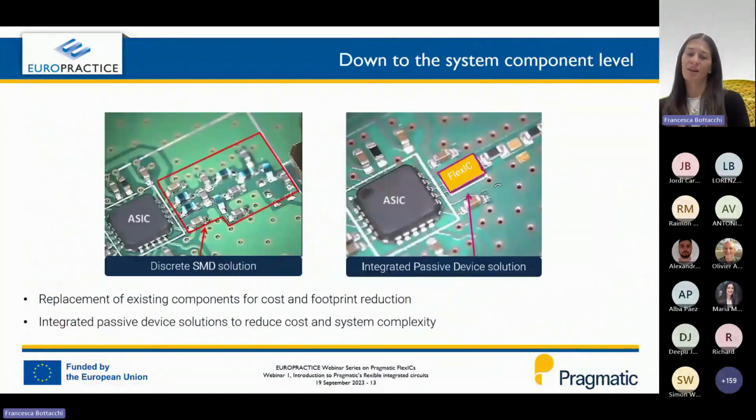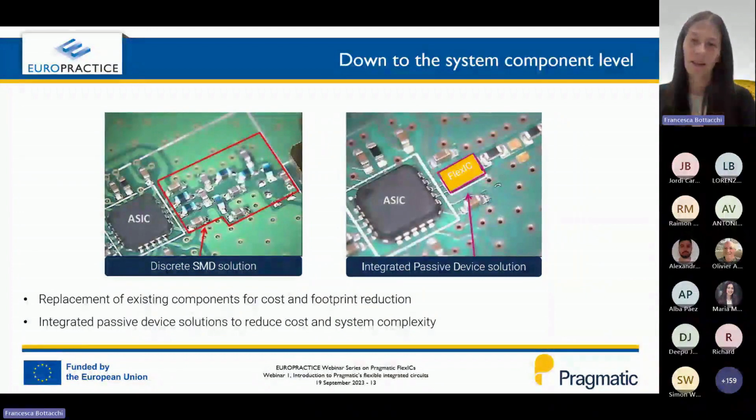But with FlexIC, because it's so low cost and quick, this is a really good fit for our technology, where you can replace all the surface mount devices and design them into an integrated passive device solution, where all your passive devices are inside a FlexIC.